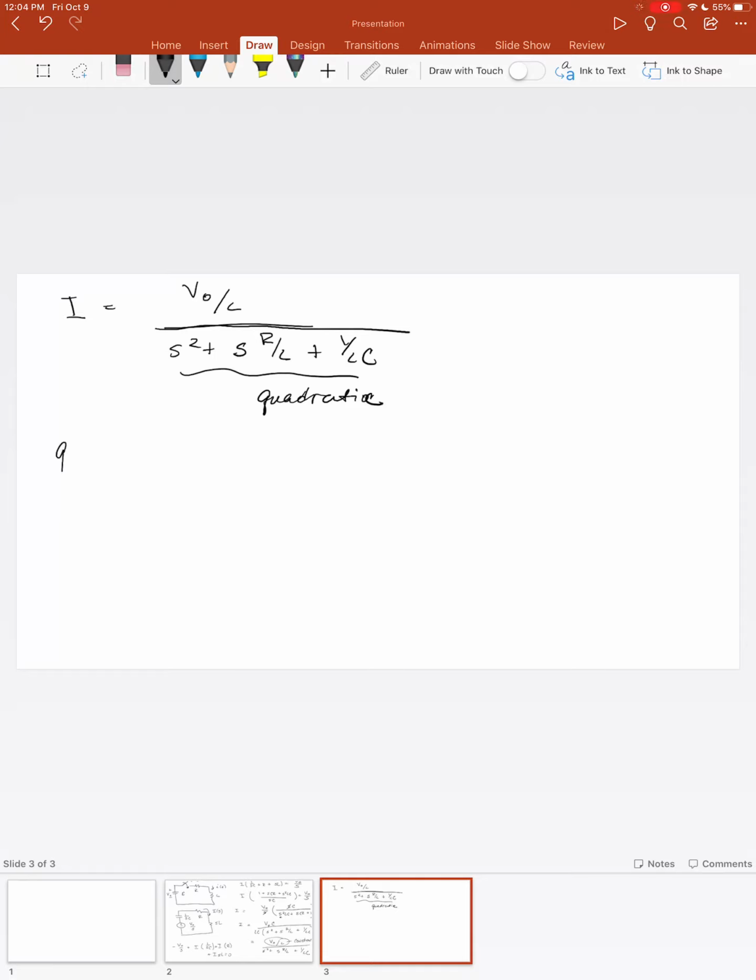So these quadratics, as you know, can go one of three ways. It can be a double root, perfect square, it can be two real roots that are distinct, or it can be a complex conjugate pair.